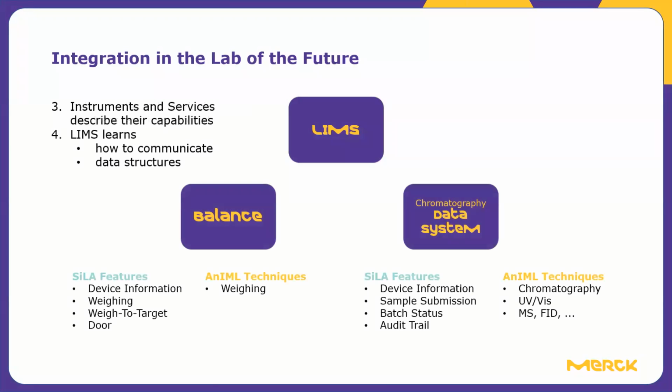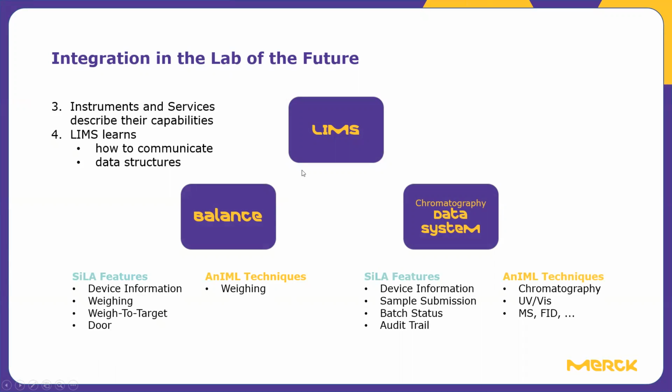Now, next up, these instruments and services can describe their capabilities, and the LIMS learns how to communicate with those services and what the data structures look like. And the different commands that are supported by such a service are described using SiLA feature definitions. And the data that is being returned after an experiment is described using AnIML technique definitions.